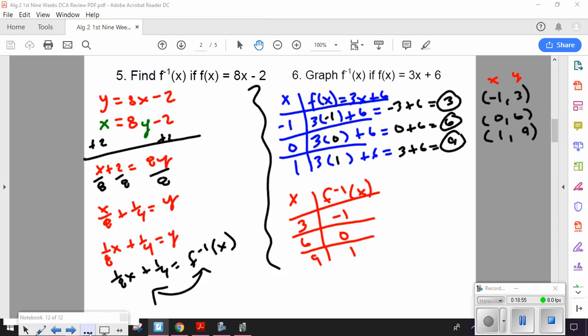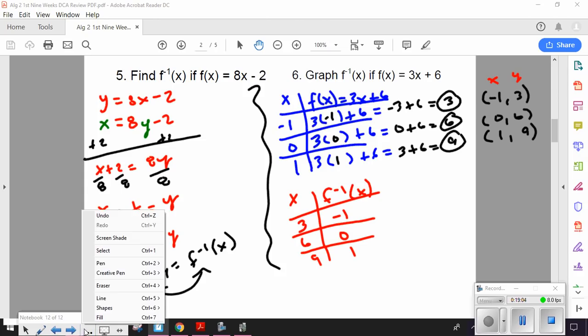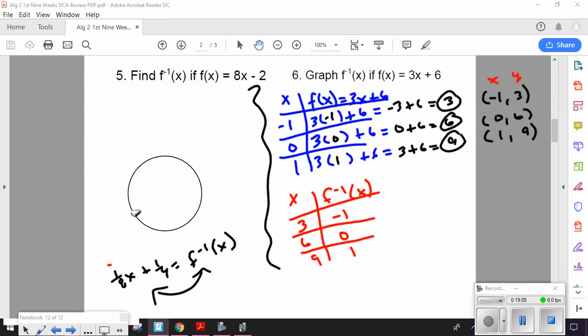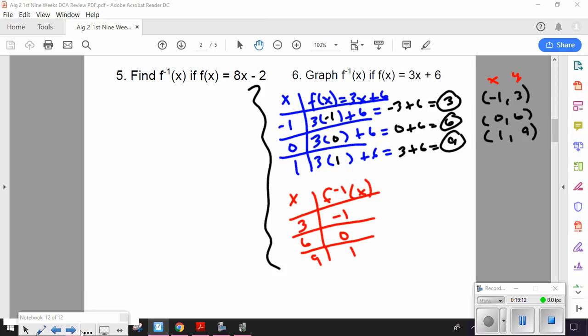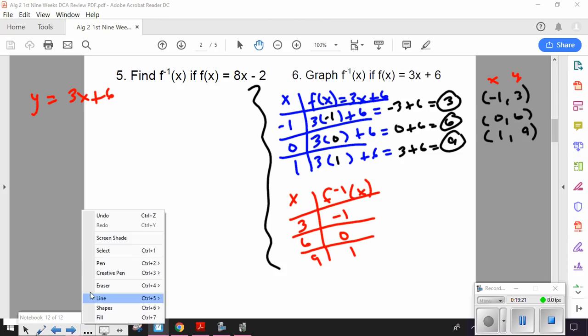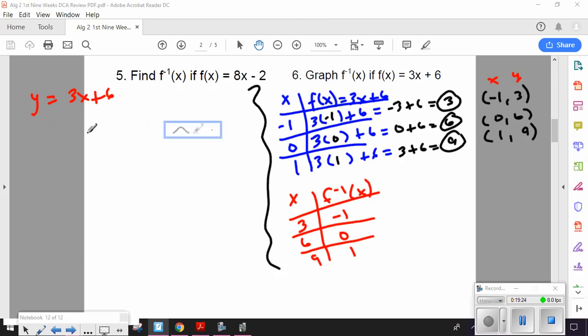Let's also write the equation so we can put it into our calculator to demonstrate that this was done correctly. So again, like before, you change f of x to y. Then x and y change positions. And then isolate y.